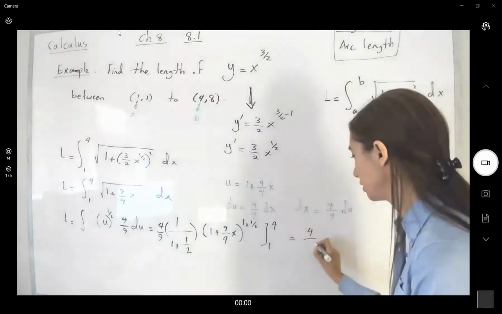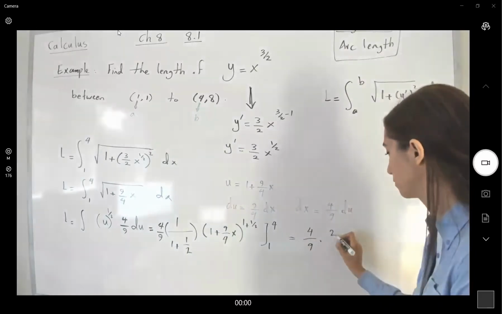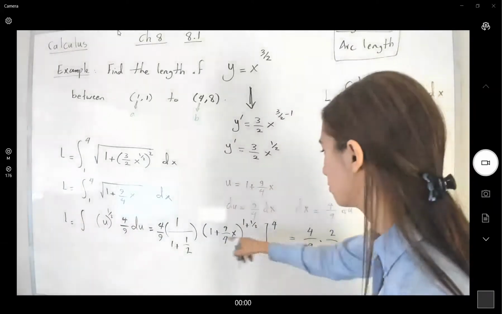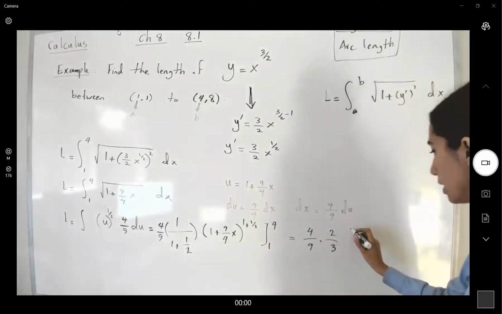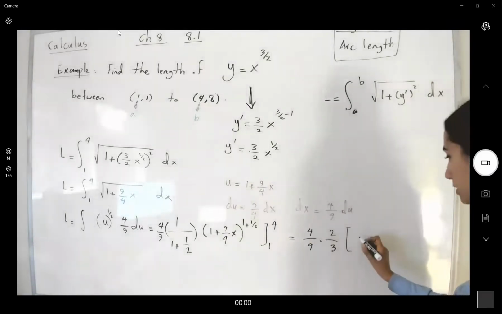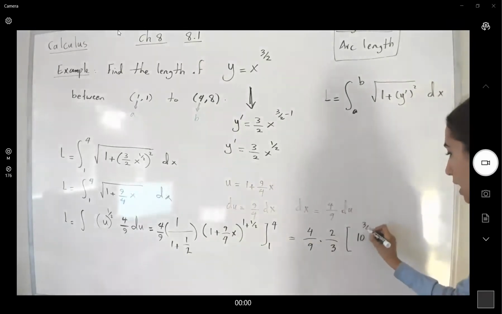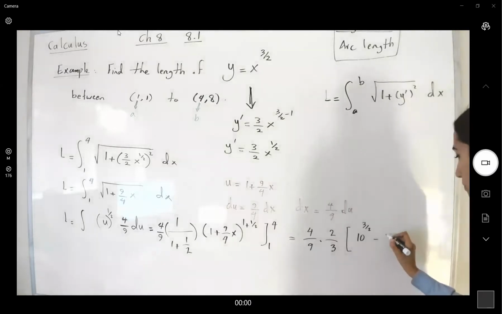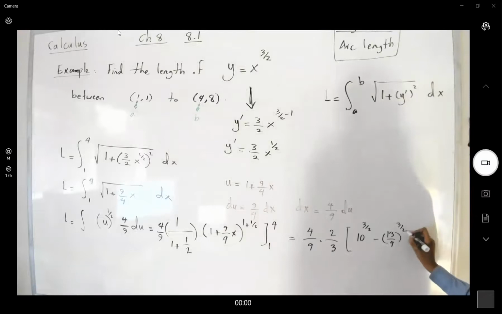So 4 over 9 times 2/3, and then for this guy we just need to plug in 4, then plug in 1, and try to simplify. You get 1 plus 9, 10, raised to 3/2, minus, when I plug in 1, I get 13 over 4 raised to 3/2.